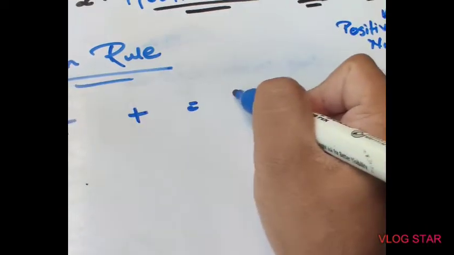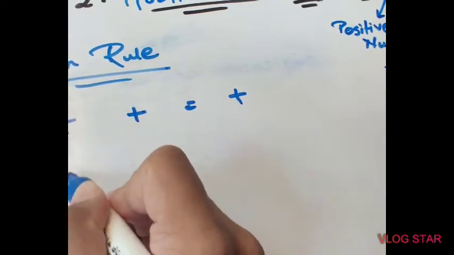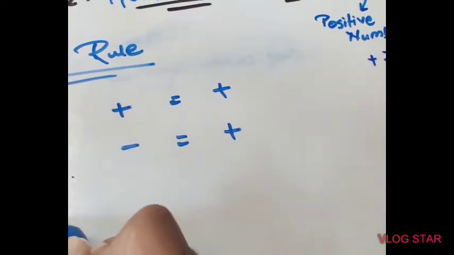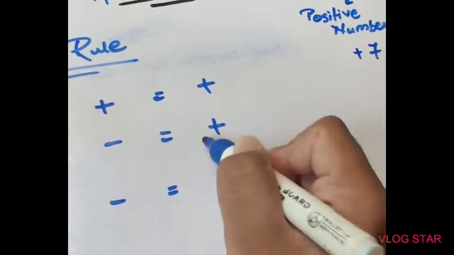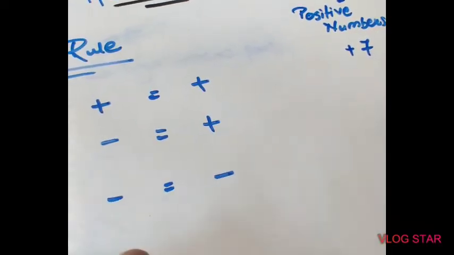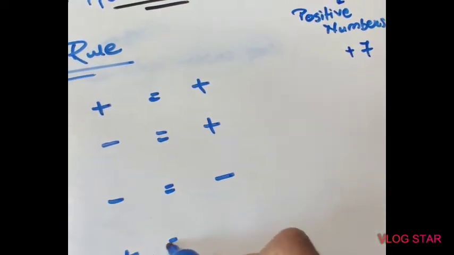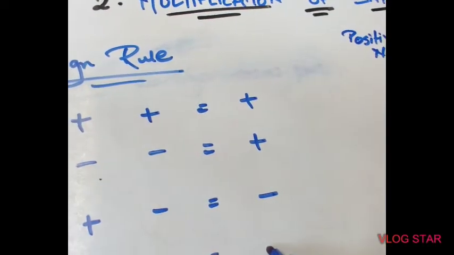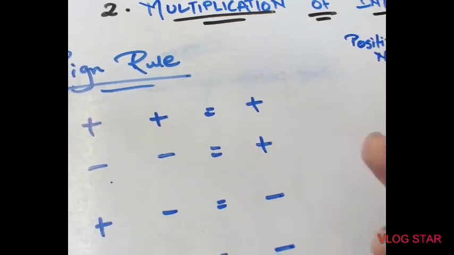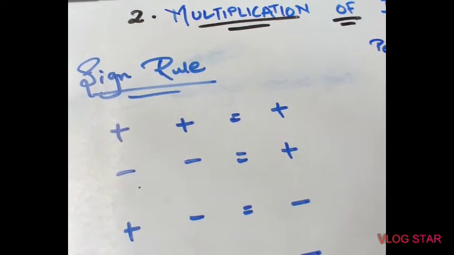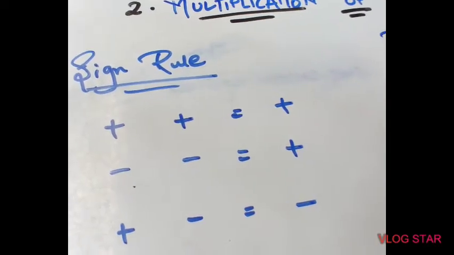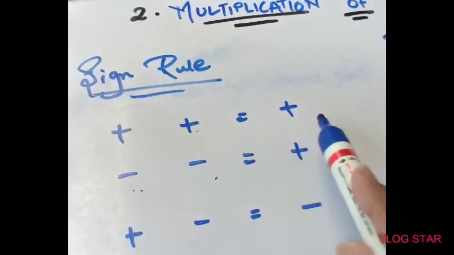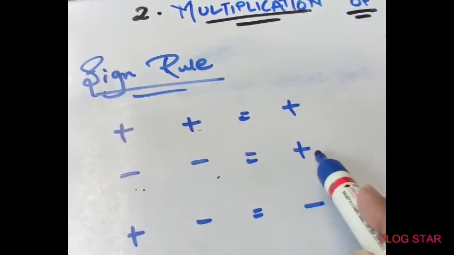Consider, I will write all the signs first, and then I will teach you the technique of it. Okay, so the shortcut to remember these sign rules is: whenever there are two same signs, the answer is always a plus.